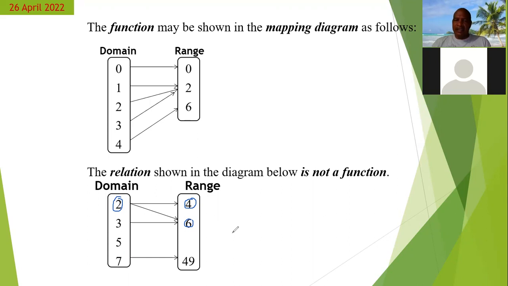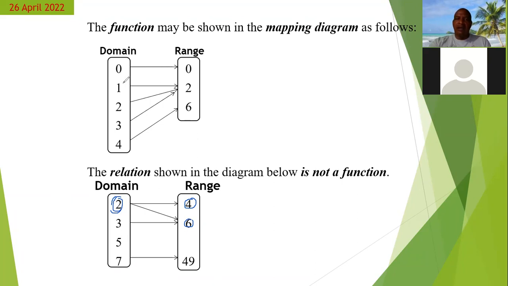So because of that, this is not a function. So this is a case of what we now call one-to-many. So this mapping is one in the domain going to many in the range. So one-to-many relations are not functions.